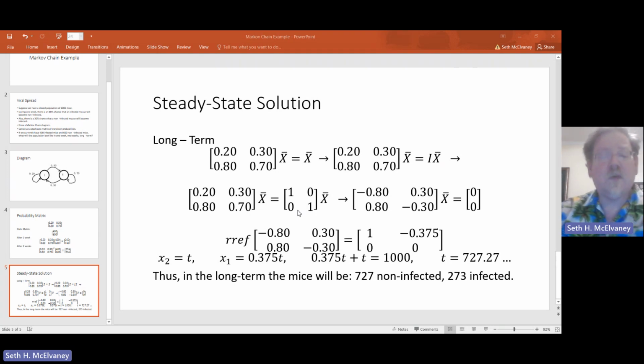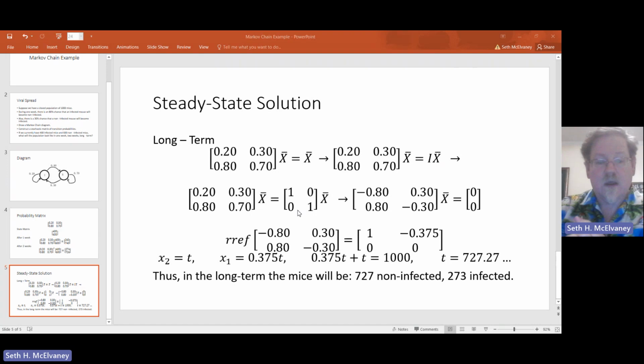So what we can do is subtract that identity matrix times X bar from both sides, because now I can factor out the X bar. And so we'll have 0.20 minus 1, which gives us negative 0.80. Then 0.3 minus 0, that's 0.3.